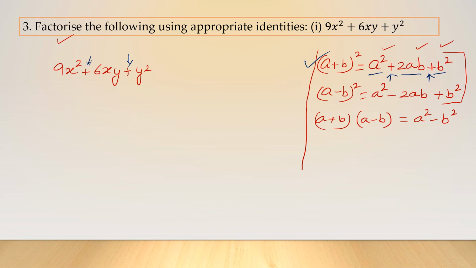First we have to make sure which identity we can apply. Here both the signs are positive, so we will apply the identity (a plus b) whole square. Now 9x square, we can write as (3x) whole square, and this plus y square, I am writing it like this only. Now we have a square plus b square.